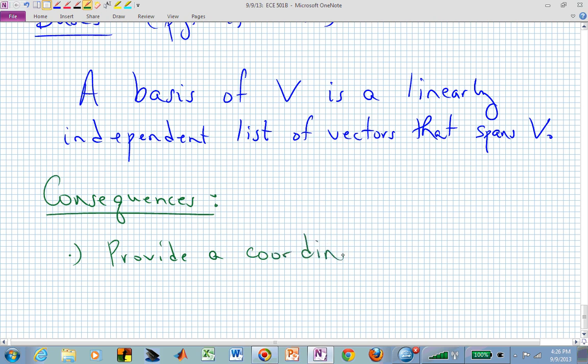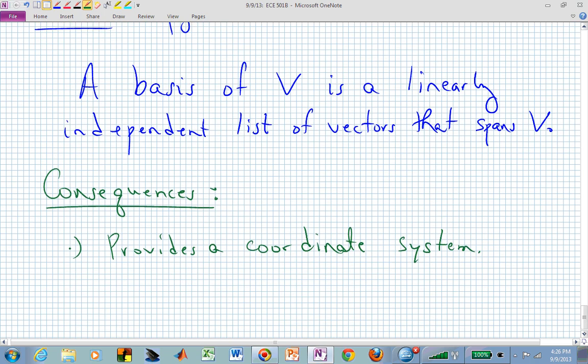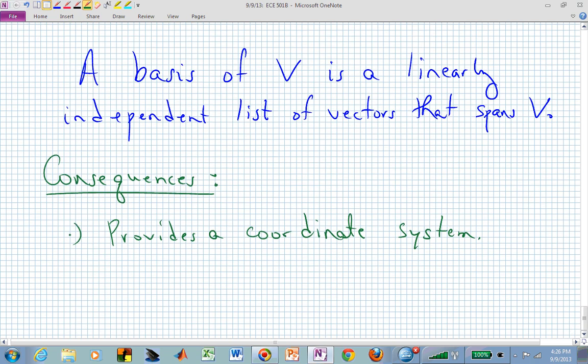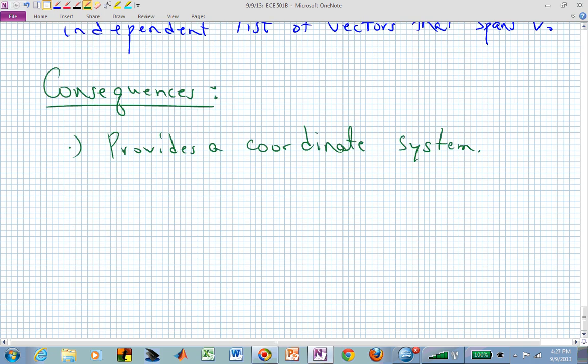We can now talk about certain coordinates relative to a given basis of that vector space. So this provides a coordinate system. And those coordinates, depending on your basis, will be different. But you can now have different coordinates representing points or different combinations of vectors in your vector space.